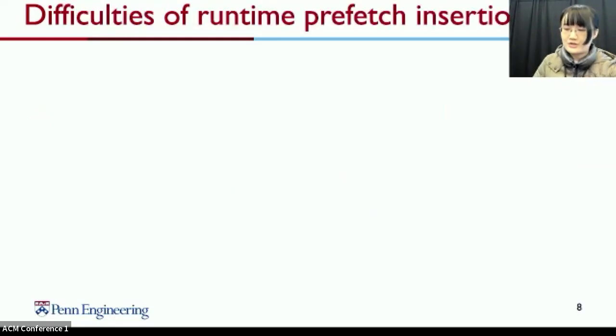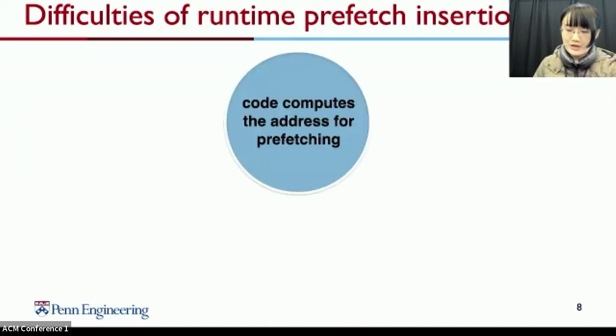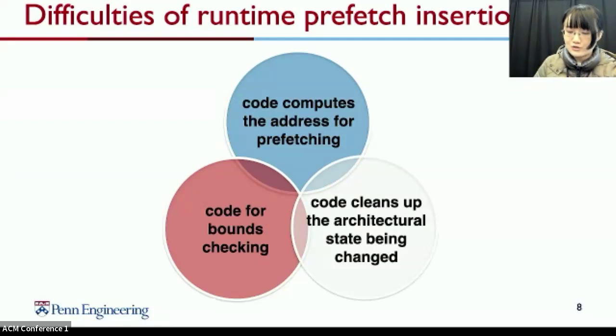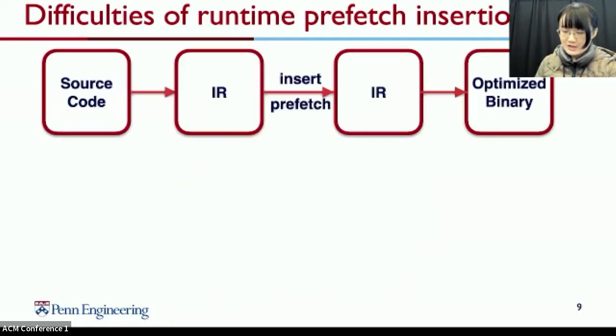To implement such a system, there are still some issues that need to be addressed. When we insert prefetch into the text section, we do not insert just a single prefetch instruction, but 3 pieces of code: the code that computes the address for prefetching, the code for bounds checking, and finally the code that cleans up the architectural state changed by the previous 2 pieces of code. However, none of the existing static prefetch insertion compilers can generate a binary that contains these 3 pieces of code for online code injection, because static compilers always insert prefetch instructions into the compiler IR.